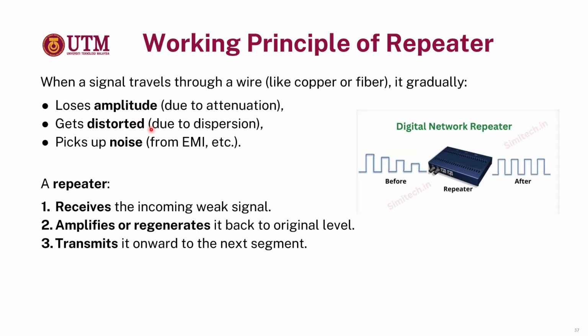It gets distorted due to dispersion and picks up noise along the way. The noise can be from electromagnetic interference, can be external factors, or can be noise coming along the way from one system to another. A repeater receives the incoming weak signal, amplifies or regenerates it back to the original signal, and transmits it onward to the next segment.